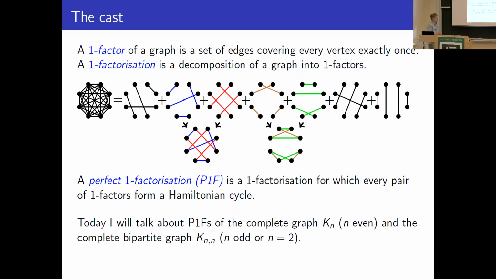And this has been done for many graphs, but today I'll only be talking about the complete graph and the complete bipartite graph. Easy necessary conditions for a perfect one factorization to exist are, in Kn, n must be even. In Kn,n, n must be either 2 or odd. And I'll assume those conditions are holding throughout today's talk.